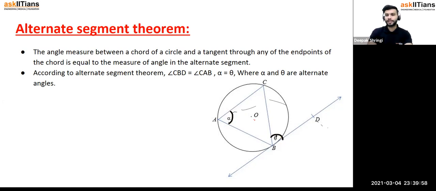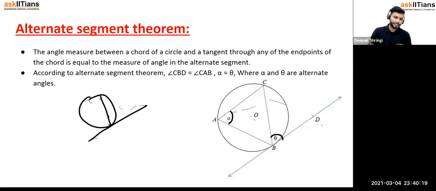So what is the concept and what is the theorem? The theorem says that alternate angles will be equal to each other. That means alpha and theta will be equal to each other. First of all, we need to understand the theorem. What the theorem says, I'm repeating my statement, is that you have a circle. For that circle, you have a chord. That chord makes an angle with the tangent drawn at it. This is the angle, right?